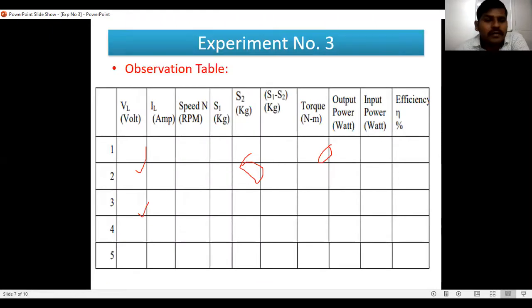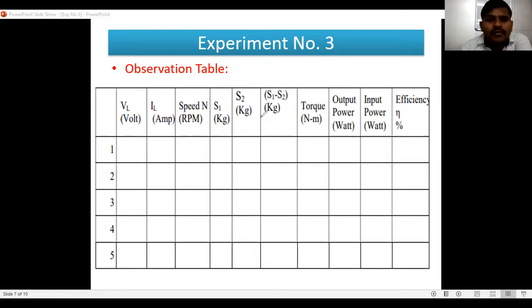Now the observation table. All of you take a screenshot of this observation table. We require the reading of the voltmeter, the voltage reading V1. Then we take the load current IL, the speed of the motor in revolutions per minute, and the spring balance readings S1 and S2.